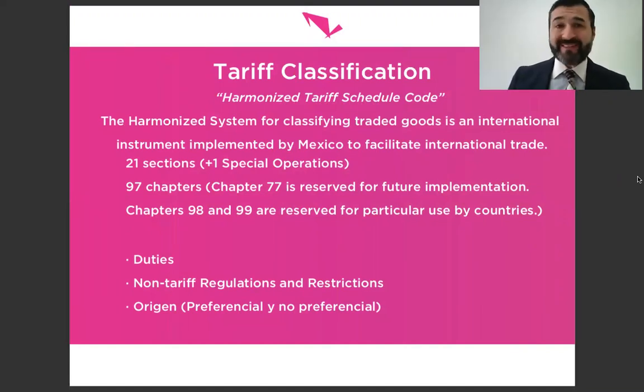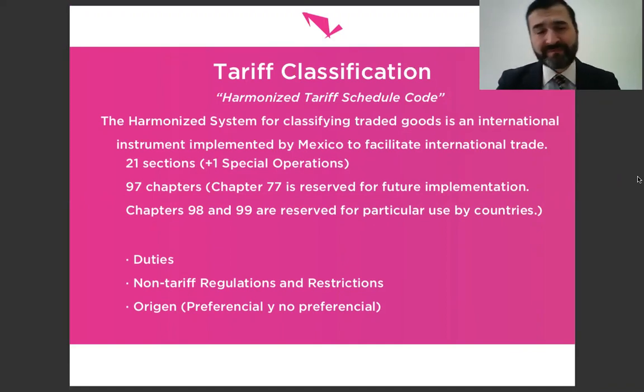Okay, tariff classification. Some of you, if you are familiar with importing goods into the US or into Canada or into whatever country you are visiting from, you have to use tariff classification. This is to avoid using commercial names, and also to identify and facilitate trade amongst countries, identifying these goods by numbers, something that I just explained a few minutes ago.